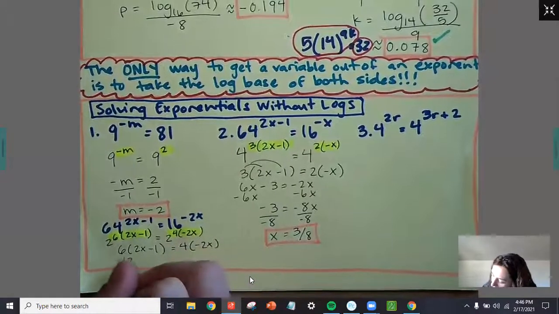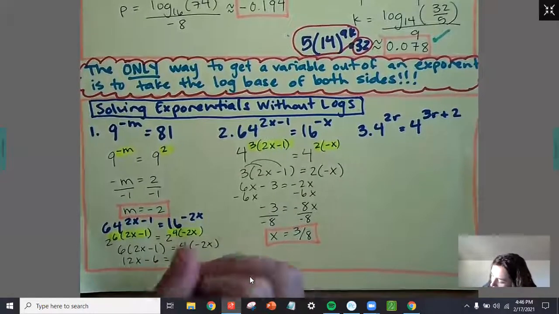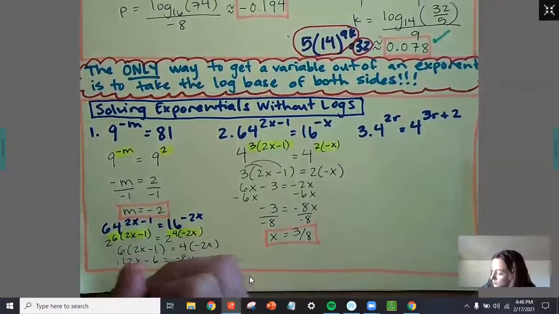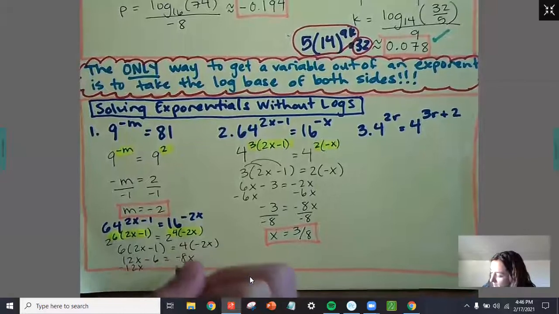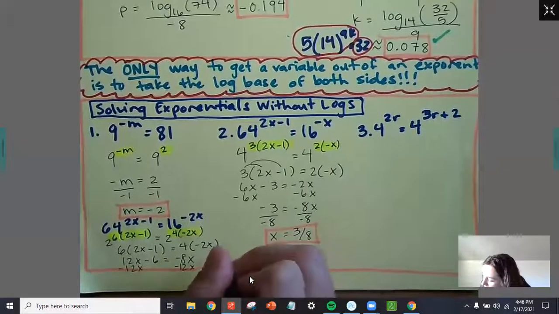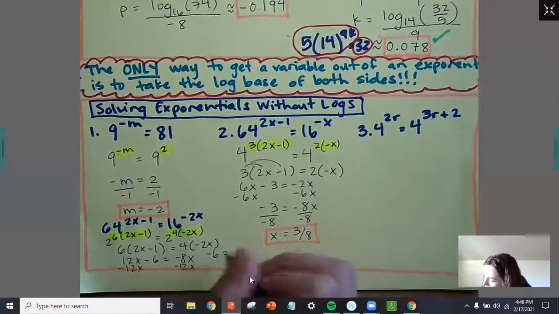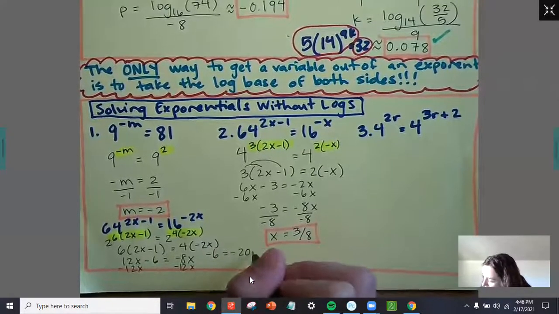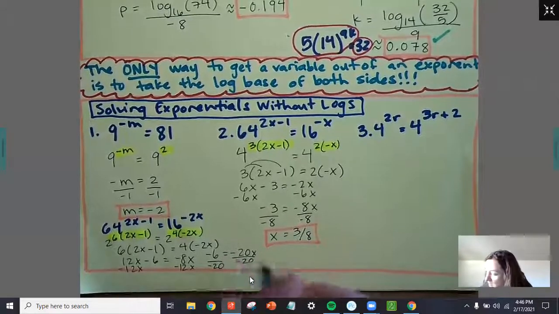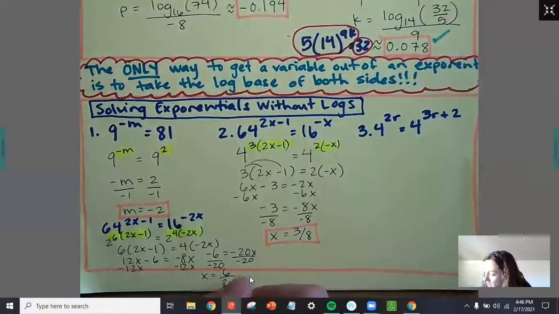We're going to get 12x minus 6 equals negative 8x. And then whenever you subtract 12x on both sides, we're going to get negative 6 equals negative 20x. And then dividing by negative 20 on both sides, it looks like we don't get to the same answer. You get 6 over 20.